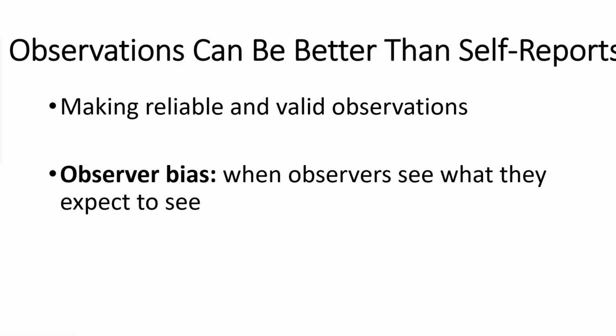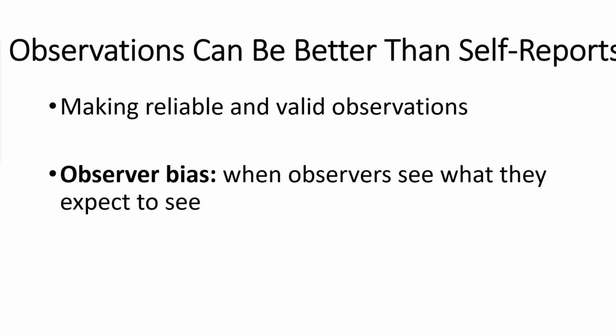So if the observer, the person who is observing and recording measurements, has an idea of what they expect to see because of the theory or the hypothesis that we're working from, then they might not be completely objective in how they're interpreting what they see. And this is particularly problematic when we have situations where observers are interpreting ambiguous data.